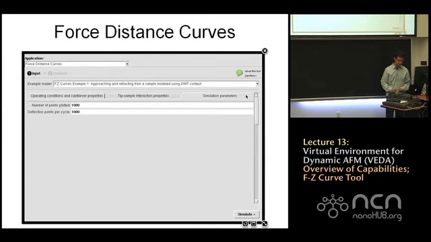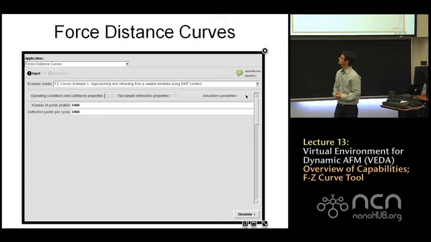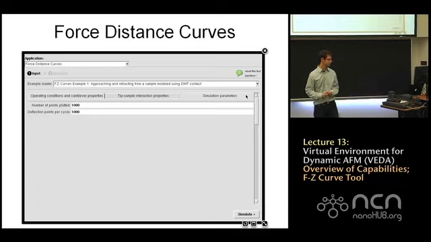Finally, there's a tab called Simulation Parameters, and here we have things like the number of points that we want to display from the simulation, and the number of points that we're going to use in the simulation per oscillation cycle of the cantilever. That doesn't seem to apply here, but it's more for dynamic AFM.